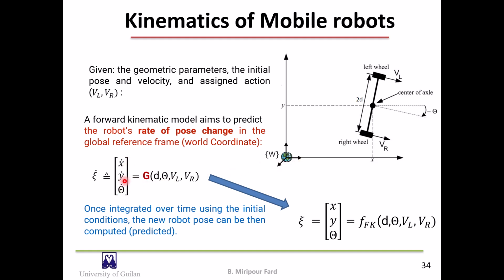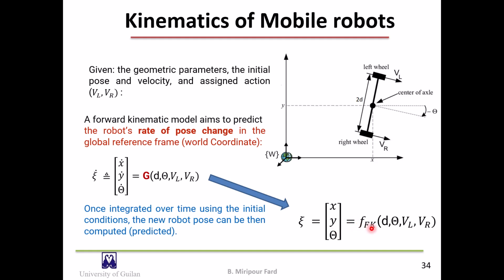The rate of pose change here is denoted by xi dot, and g is a function that relates actions with rate of pose change. Once this relation is integrated over time using the initial conditions, the new robot pose can be then computed or predicted.